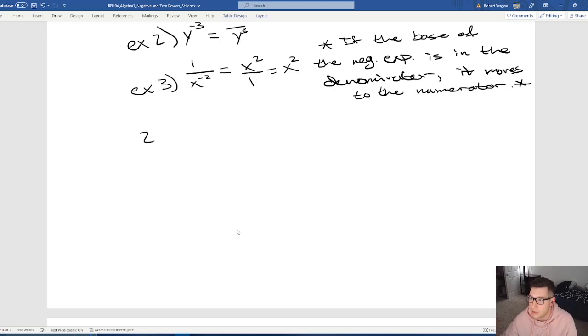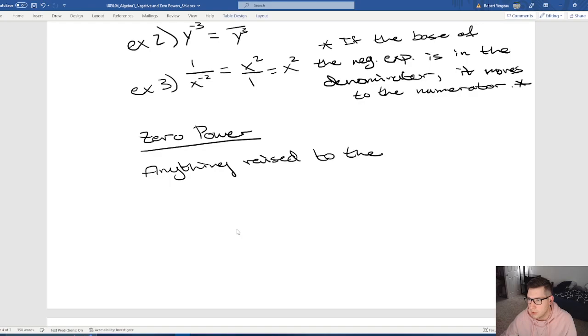And so if we talk about the 0 power, the 0 power actually says anything raised to the 0 power is 1. That's all it is. The general form of this is x to the 0 equals 1.